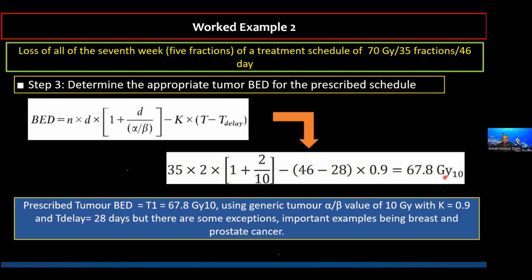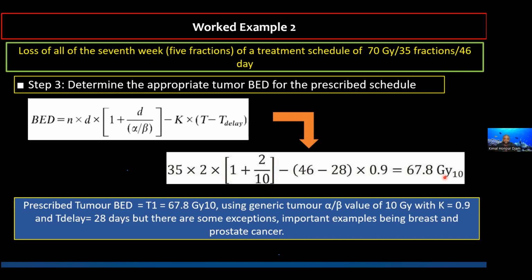If you multiply 5 by 0.9, that is about 4.5 gray. That indicates a 6.6% reduction in the originally planned tumor BED of 67.8 gray, which isn't as bad as adding 7 days.